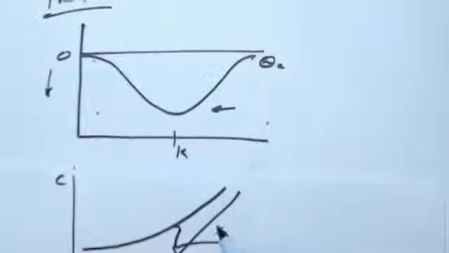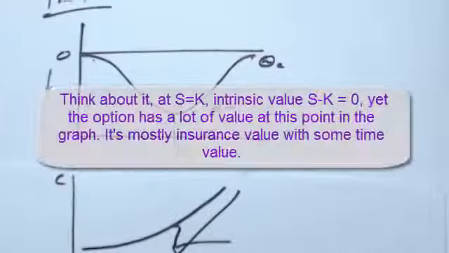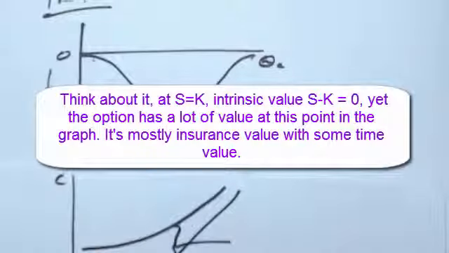When options decay, you have an impact from the time value component, but you also have a large impact from insurance value, because the insurance value happens to be greatest when the stock is about at the strike, because that's when it has its best ability to hedge the underlying stock.